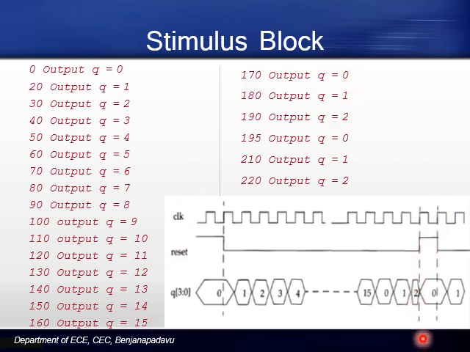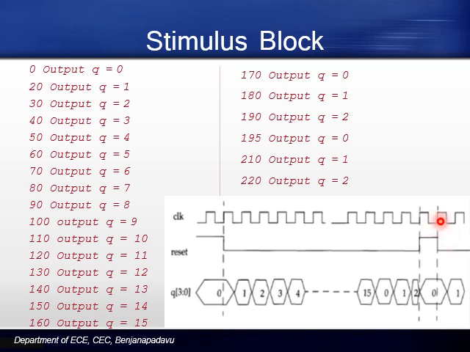At t equal to 195 time units, the reset becomes 1 once again for another 10 units. So when the reset becomes 1, immediately the counter will be reset to 0. So at 195 Q is 0, and till 205 the reset is 1, and at 205 units the reset will become equal to 0.